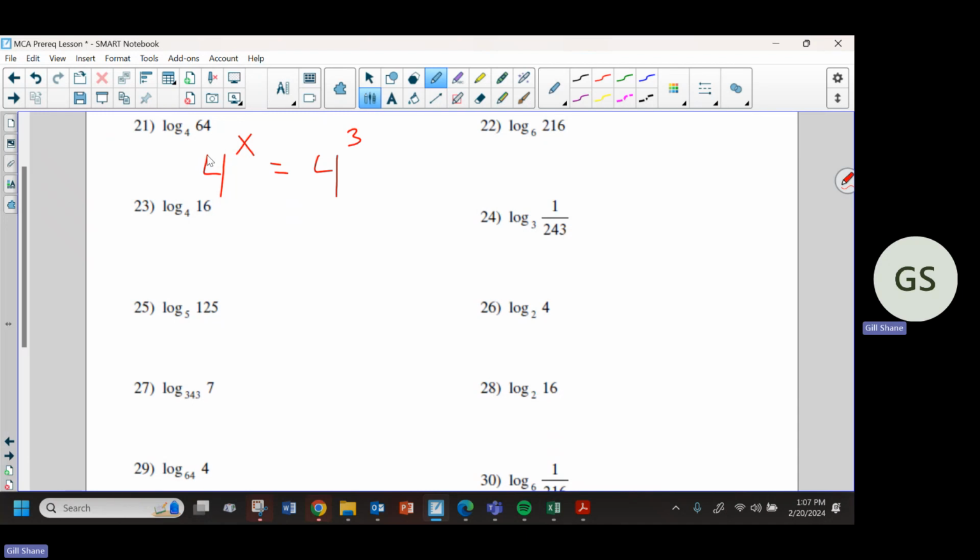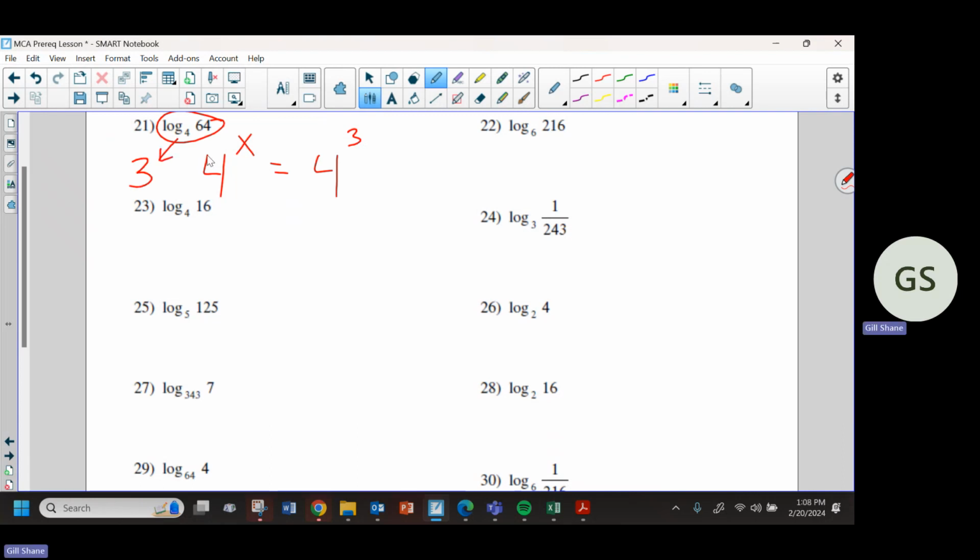Now you can see it's a one-to-one base. The base is the same. That's what one-to-one means. Now that I've converted it into the same base, it's easy to see the answer is 3. It equals 3.